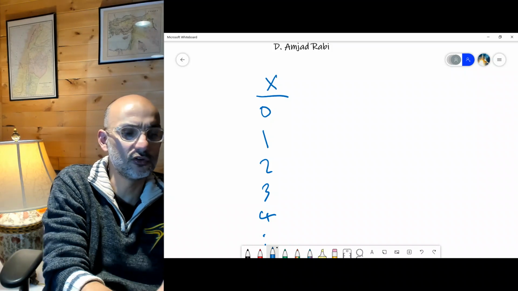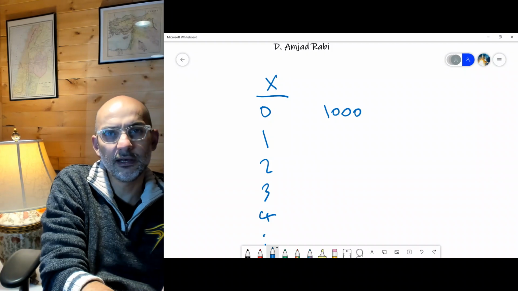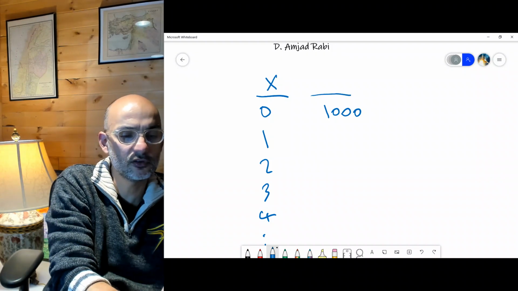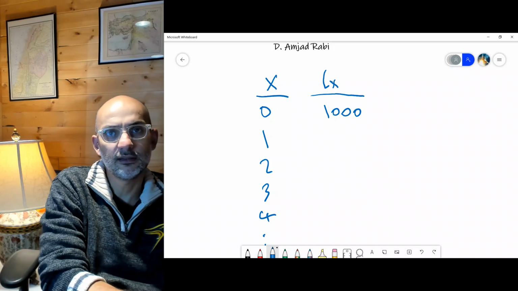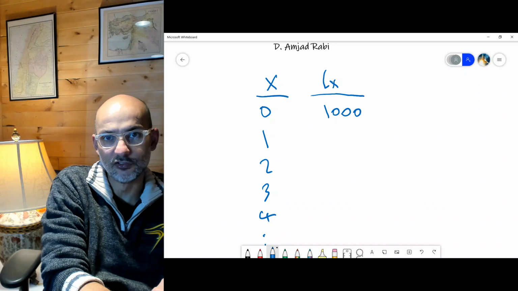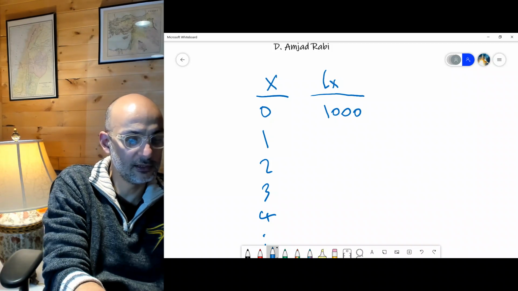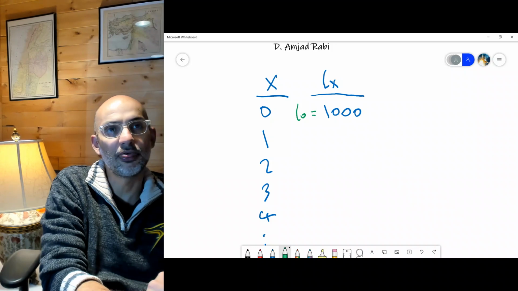Let's trace a cohort of 1000. In actuarial terms, this cohort we call lx, where x, as always, is the age. So the first entry here will be l0, which is 1000.